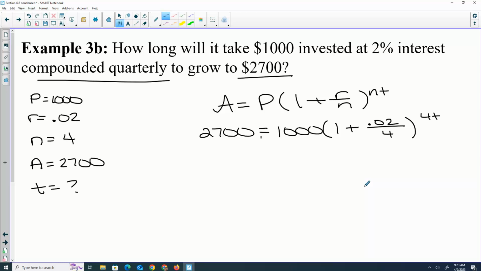Alright, where would you begin here? 2,700. So you get 2.7. Let's go ahead and work inside that parentheses. So 1 plus 0.02 divided by 4 gives us 1.005.